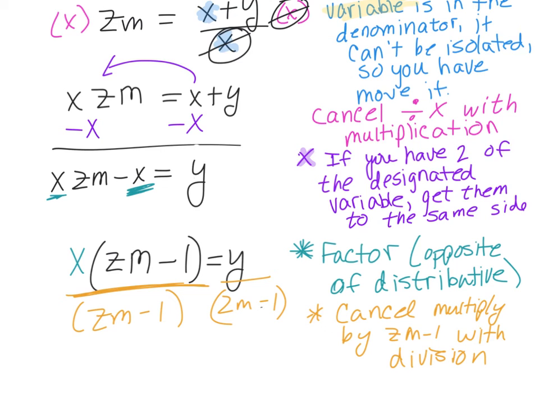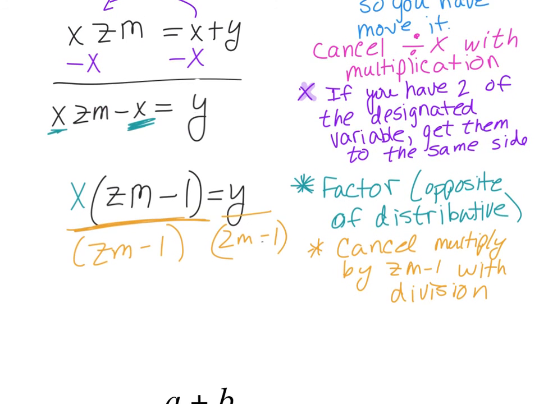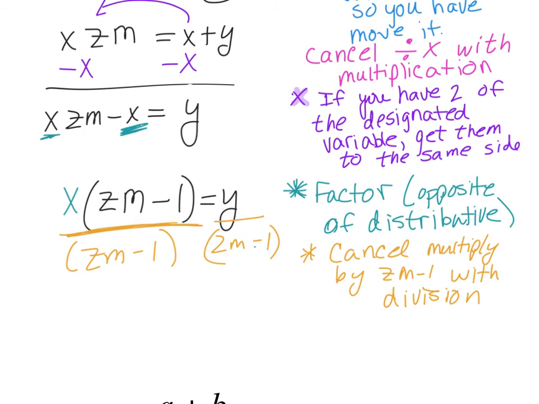When all is said and done, now that we've canceled out that 2m minus 1, you finally have your isolated x like you needed it to be. And it's y over 2m minus 1.